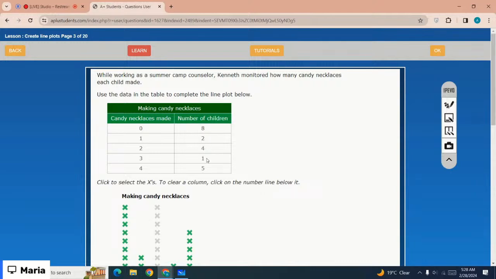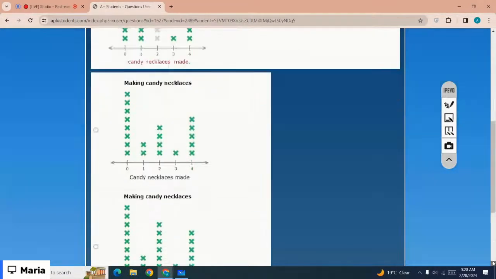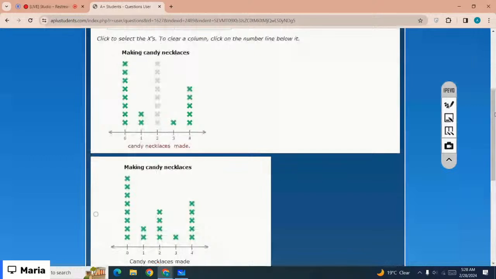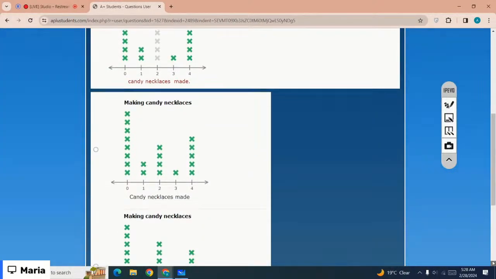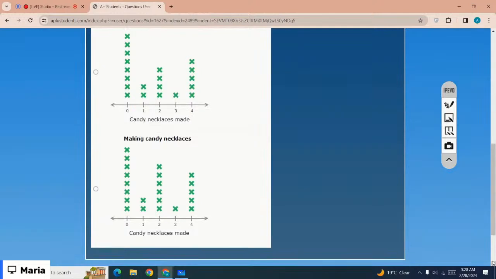So you have to match these crosses. Let's see which is the correct option, 1 or 2?